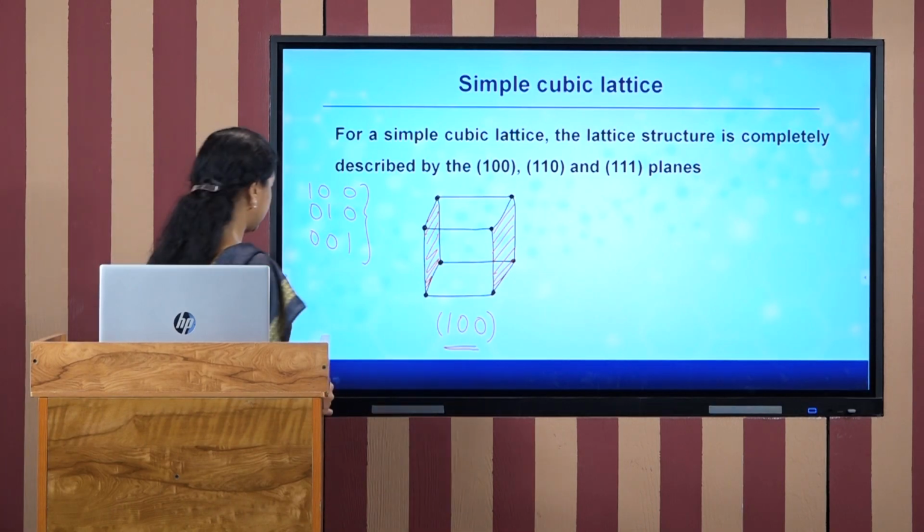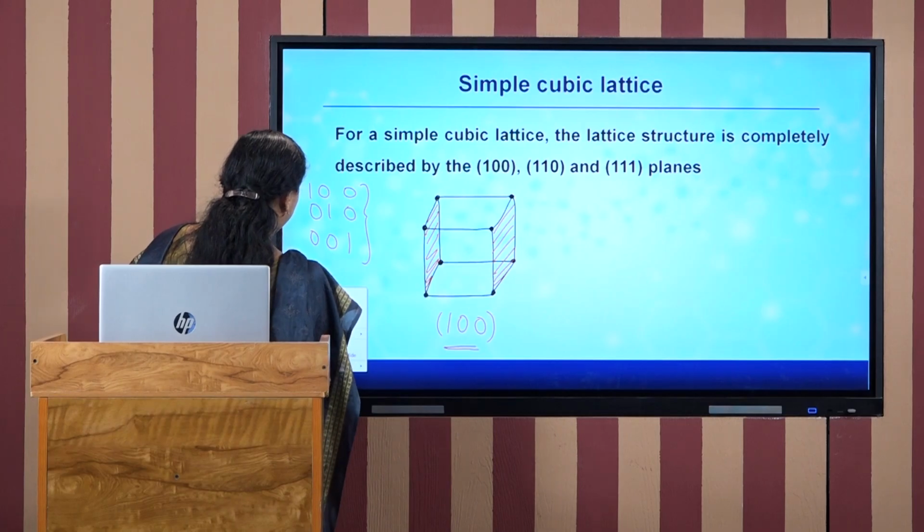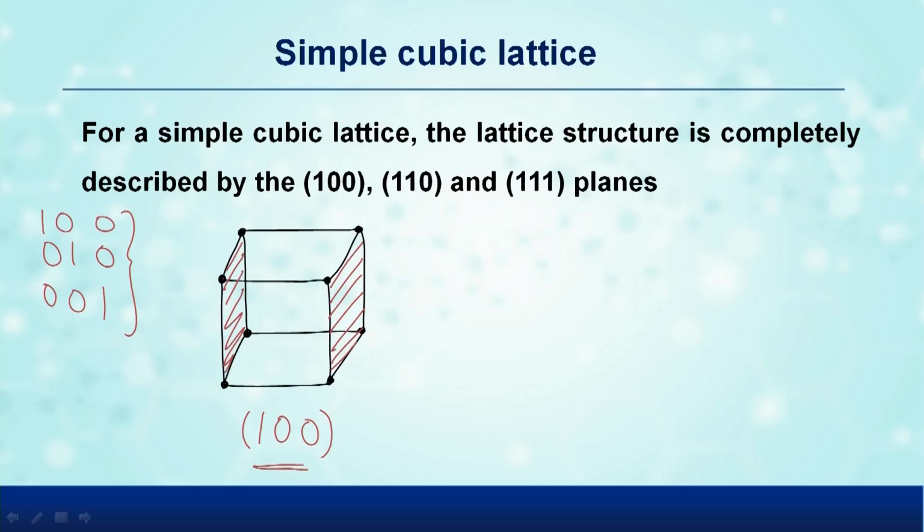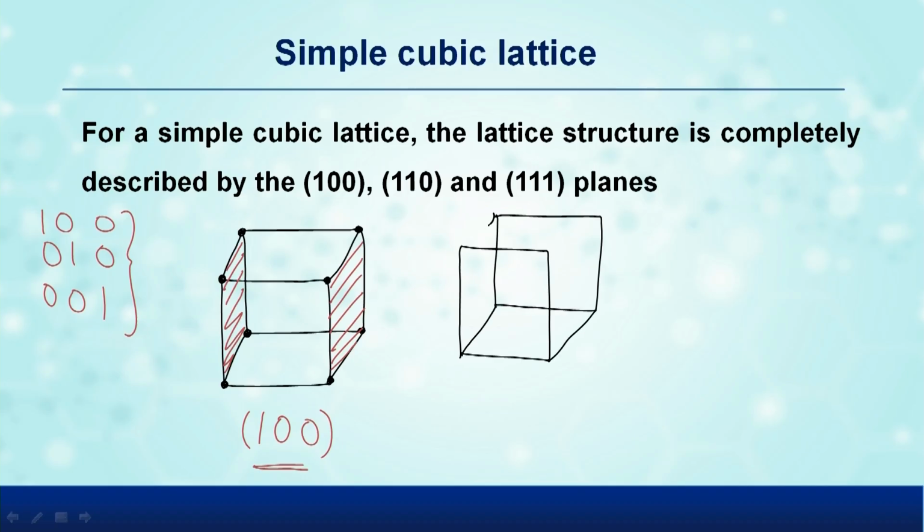Since these three planes are of equivalent symmetry, we may generally represent them as the 1 0 0 plane. Okay. So, now let us move on to the 1 1 0 plane. First, let us draw the cube. We have the atoms at the corners.